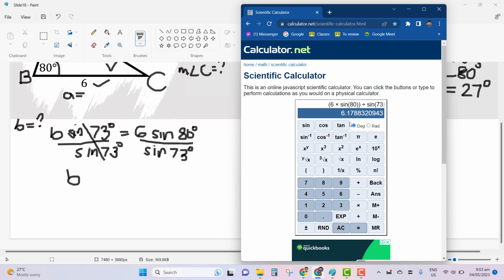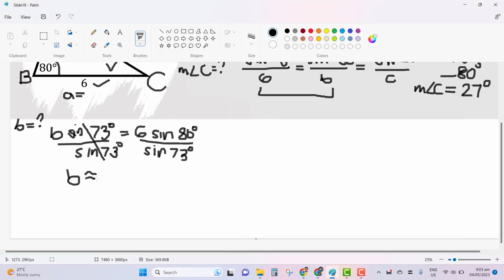That's 6.178832, so on and so forth. Let's round it off to 2 decimal places. That will become 6.18 units. And since we are rounding off, we will just use approximation instead of equality. So that's approximately 6.18 units. That's the result for side B.